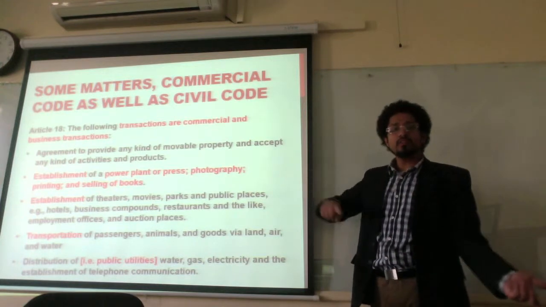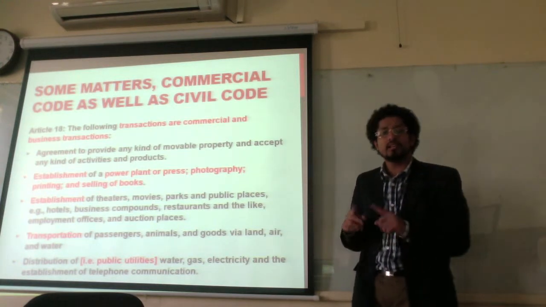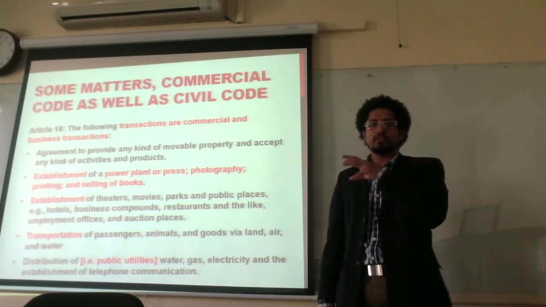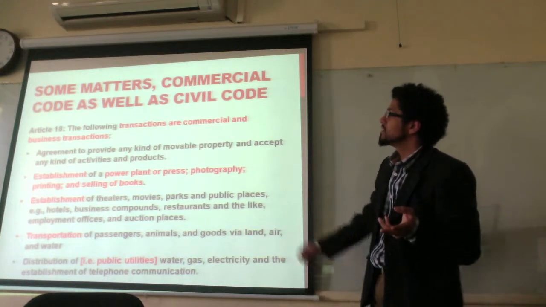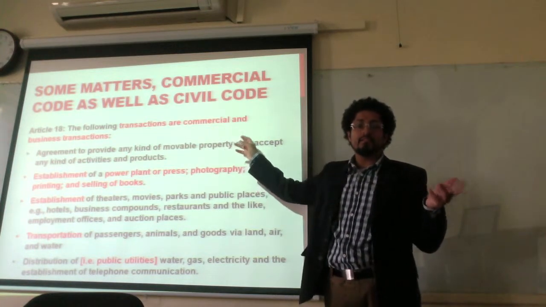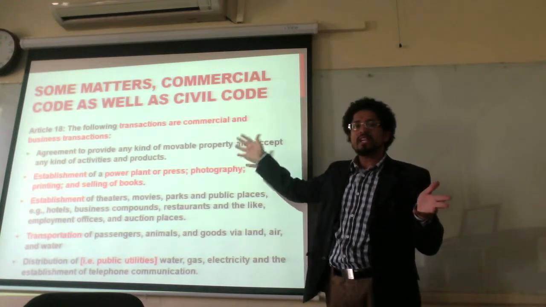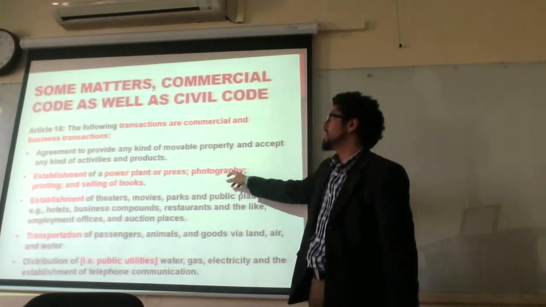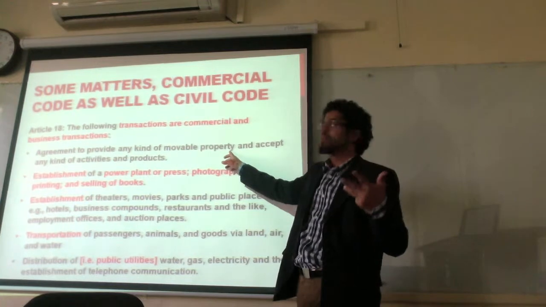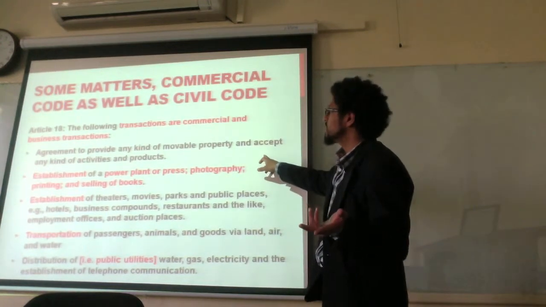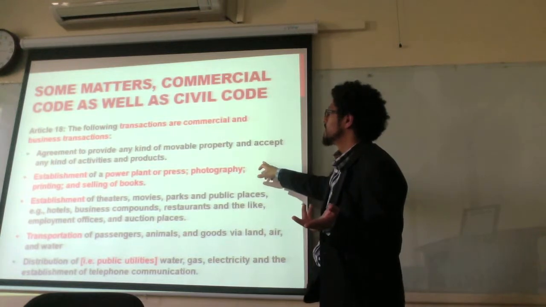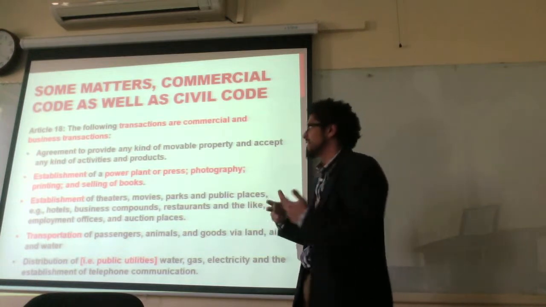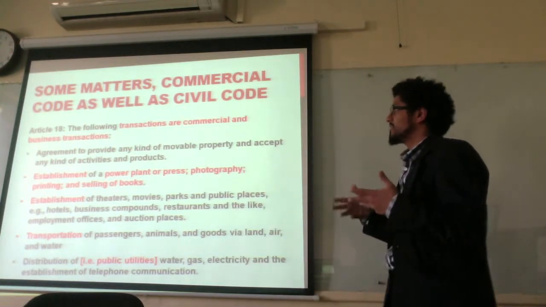Certain contracts will also be governed by the commercial code. And what that means is there are special rules that govern certain types of contracts by their nature. For example, Articles 18 and 19 of the Commercial Code identify what types of issues are governed by the commercial code. And examples are these bigger commercial type properties, like the establishment of a power plant, or photography or printing, establishment of these types of businesses.